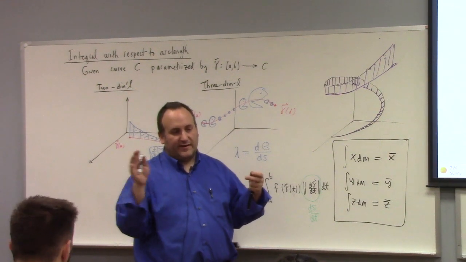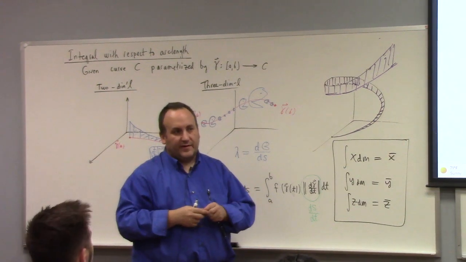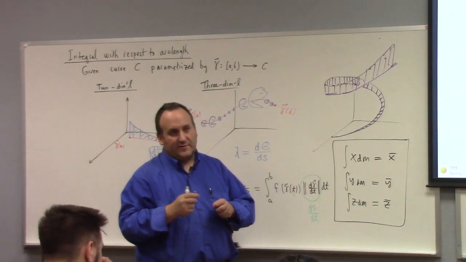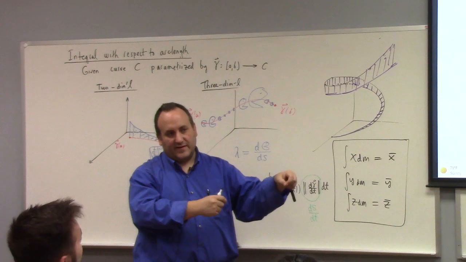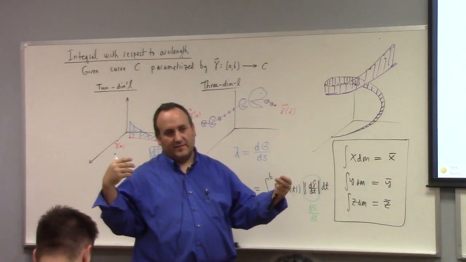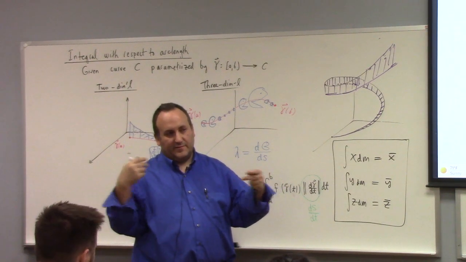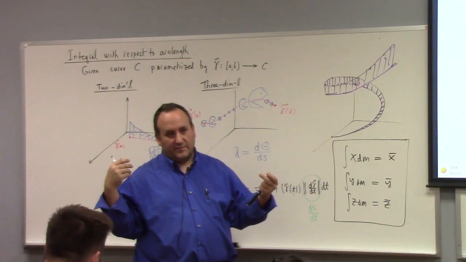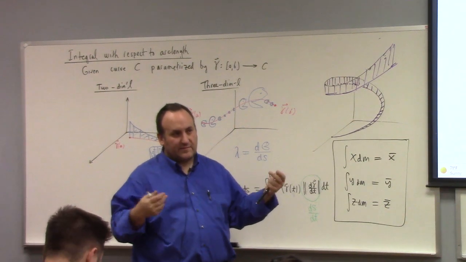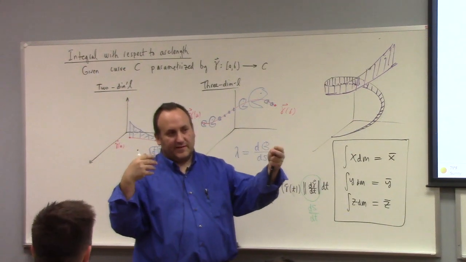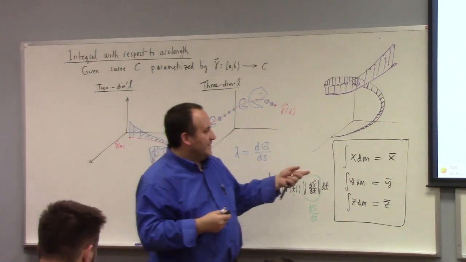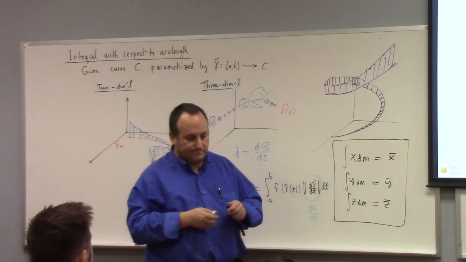You take the weighted average of them. What that amounts to is mass times position vector plus mass times position vector, and then you divide by the total mass. Well, that total mass becomes the integral over the density for us. And that sum of weighted position vectors becomes the x bar, y bar, z bar integral.